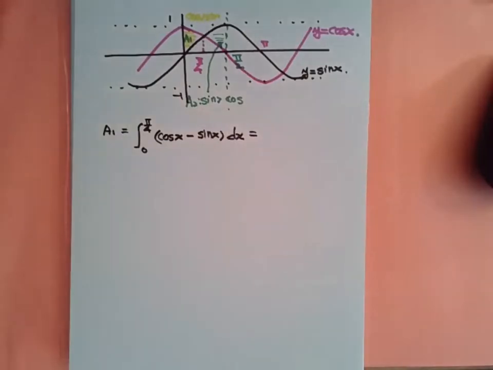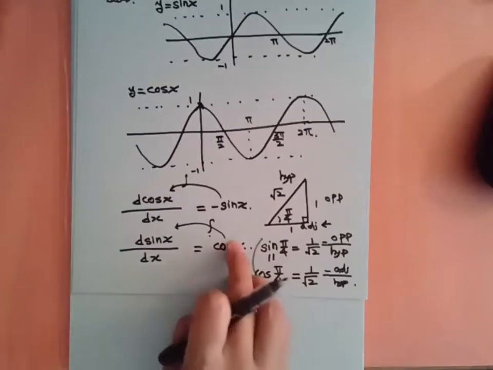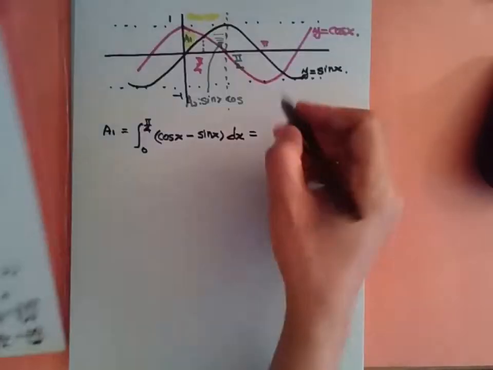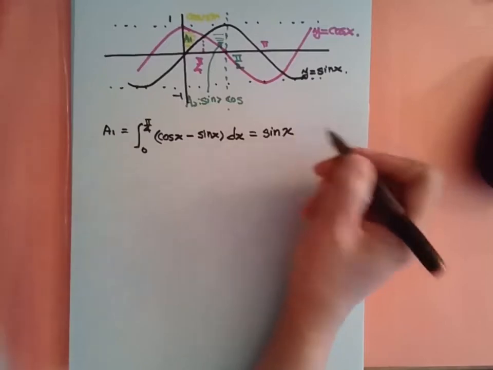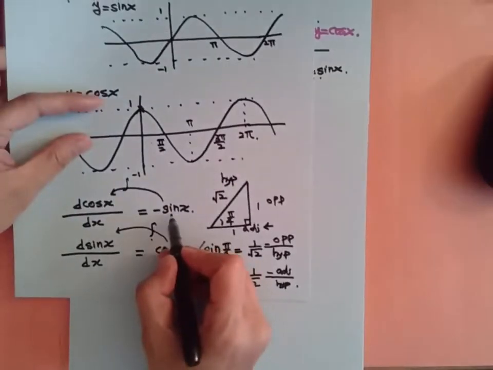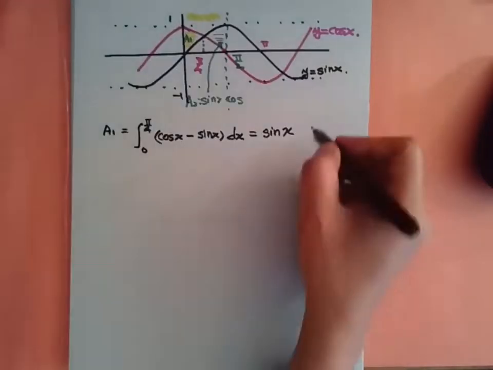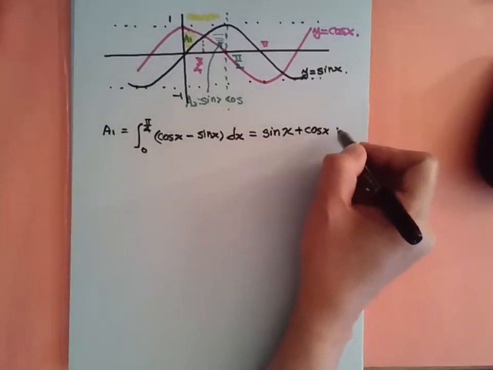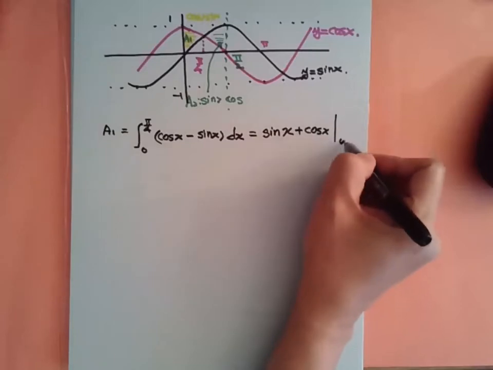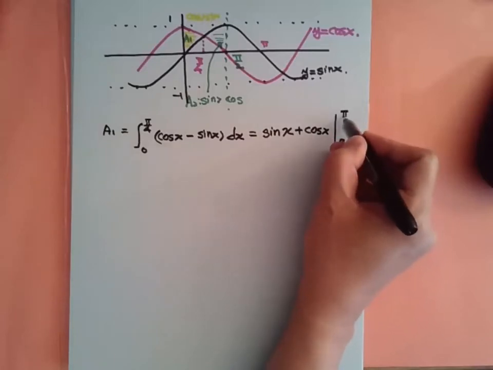If we integrate cosine, then we will get sine x. If we integrate minus sine, we will get cosine, so we have to add cosine. We think about 0 to pi over 4.